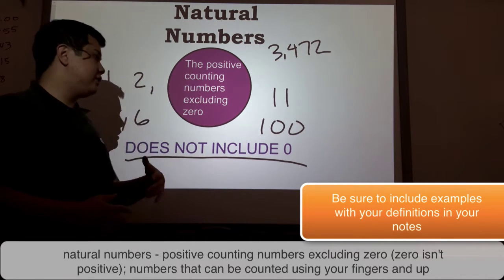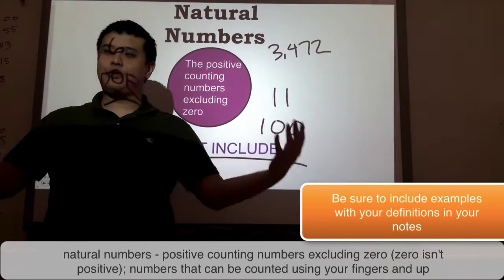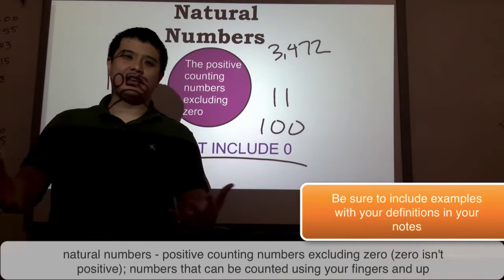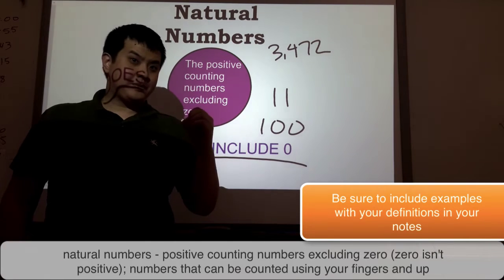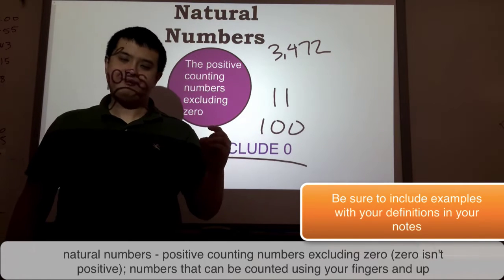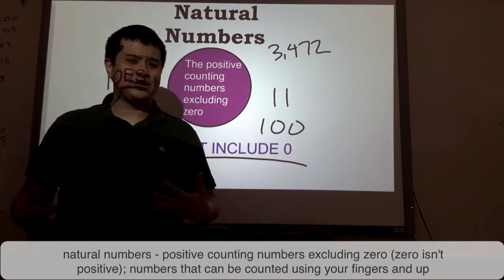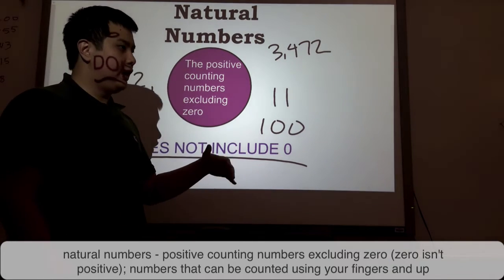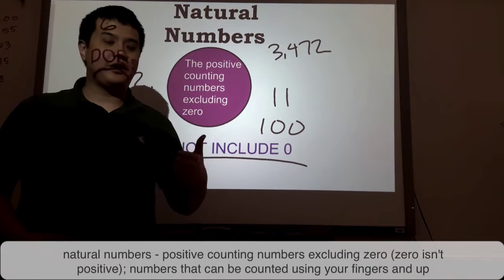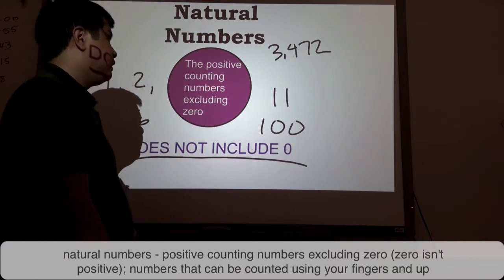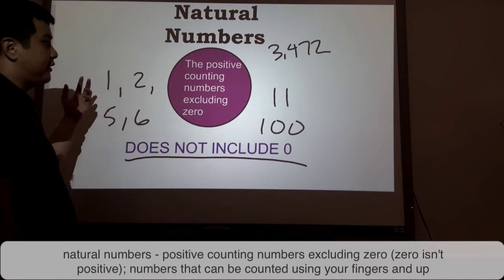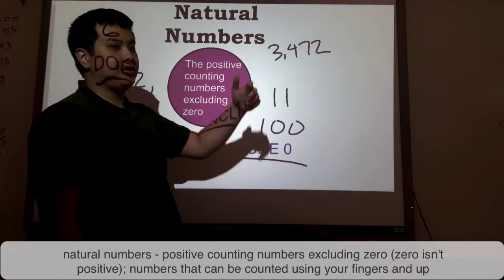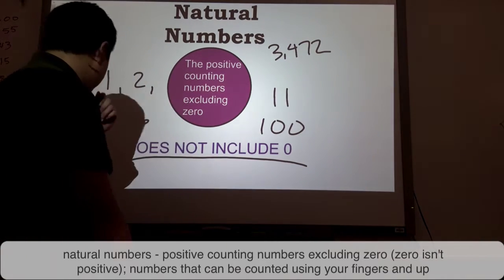Notice how it does not include 0. Back in the day when we were very primitive, the idea of nothing being represented by a number didn't really come into the consciousness until later. So natural numbers were the first numbers discovered, and they are anything that you can count with your fingers and up. So again, it includes 1, 2, 5, 6, 11, 100, 3,472.